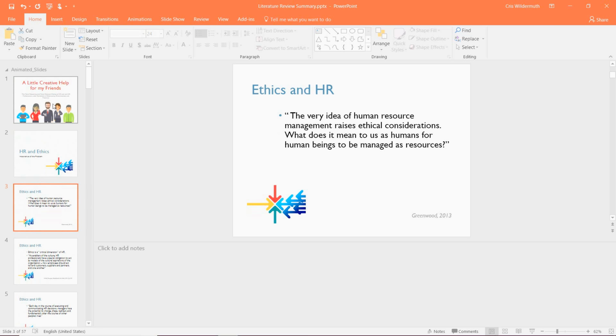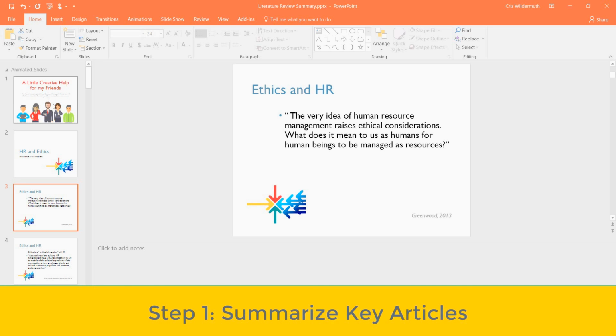The very first thing that I do when I'm writing a very complicated paper is the hard work that I'm not sure I know how to minimize. And that is, I go through my literature review and I pick, I would say, the 10 to 15 most important articles, book chapters, or papers that I want to use in my initial writing.